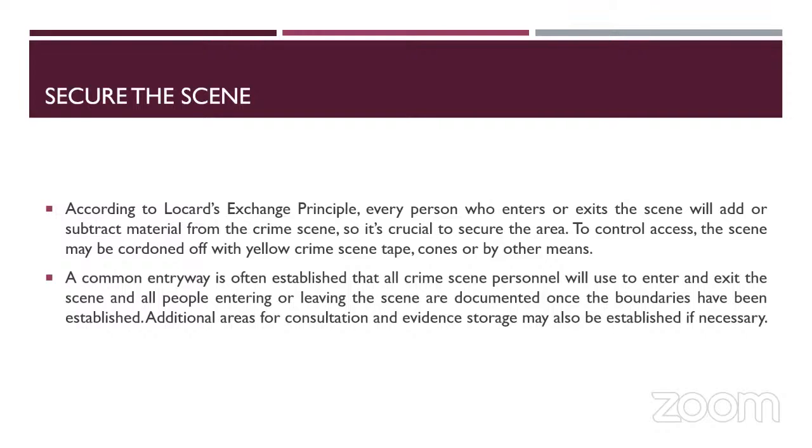Say when we understand the dimension of the crime scene, we can understand that this particular area is really important because it is filled with evidence and it needs protection. So we protect that particular area. But at the same time, we can establish a certain area which is comparatively safer to enter and exit from, correct? A routeway or a pathway to enter and exit. So that should be established.